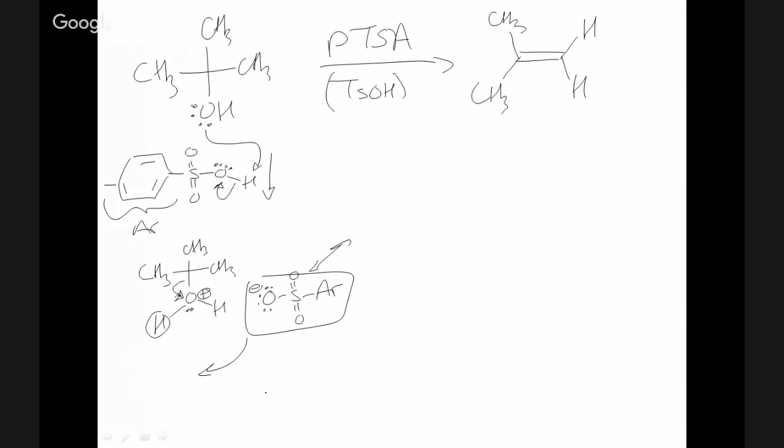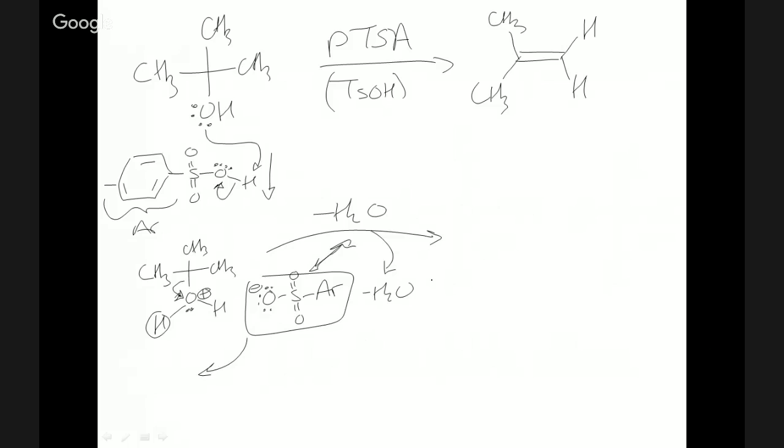That's not an arrow, we'll just draw it down here. And then this leaves, minus water. You can show that several ways: minus water, or you can show an arrow coming off here, saying minus water. Now, again, this is just to talk about these things. This is the rate determining step.